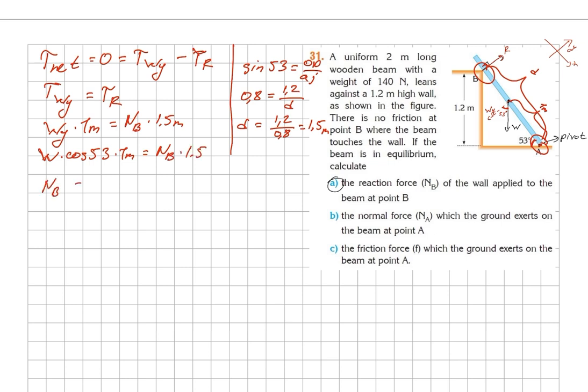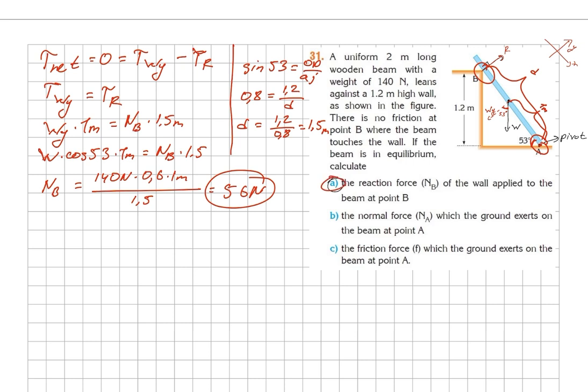So NB will be equal to, moving this 1.5 to the other side, the weight itself, 140 newtons, times 0.6 times 1 meter over 1.5. Let me calculate it: 140 times 0.6 over 1.5 is equal to 56 newtons of force. This is the answer of A.